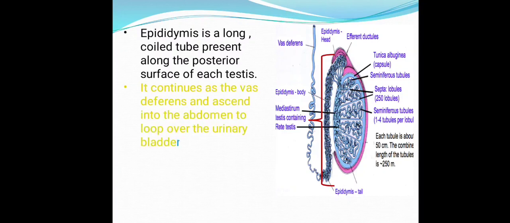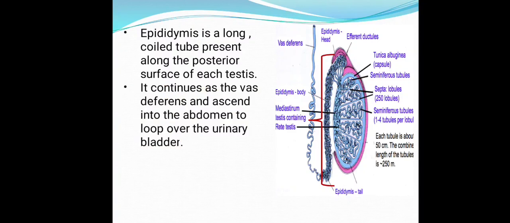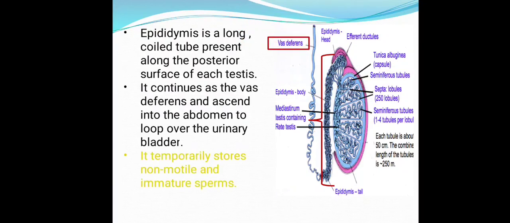It continues as the vas deferens, which ascends into the abdomen to loop over the urinary bladder. It temporarily stores non-motile and immature sperms.